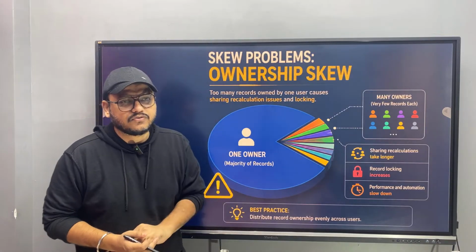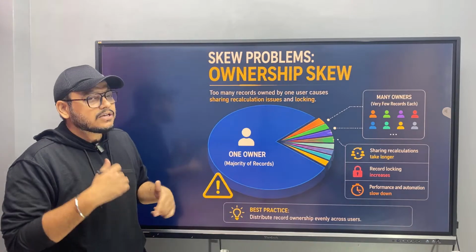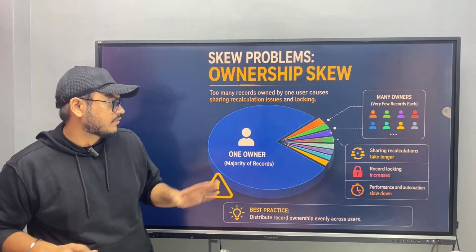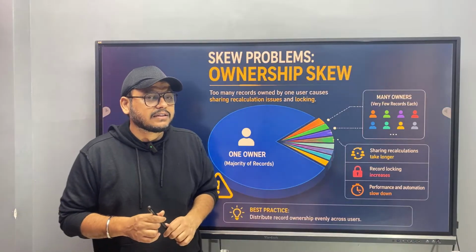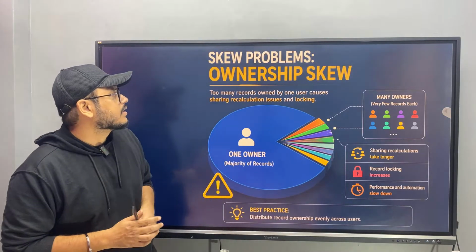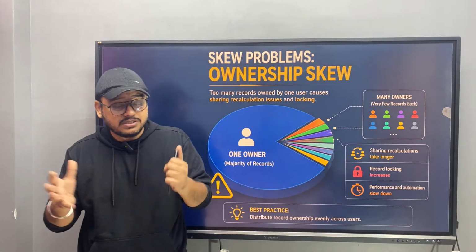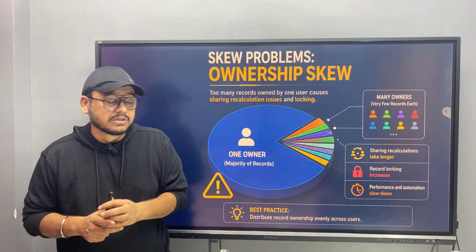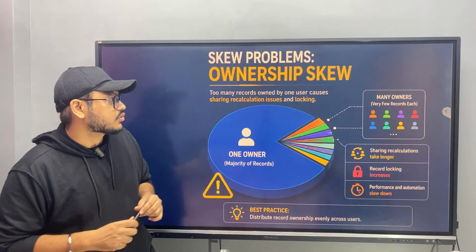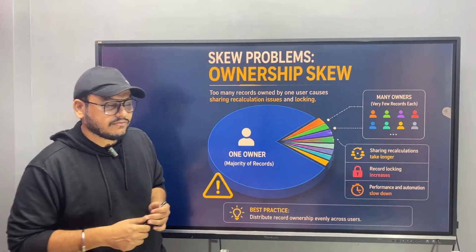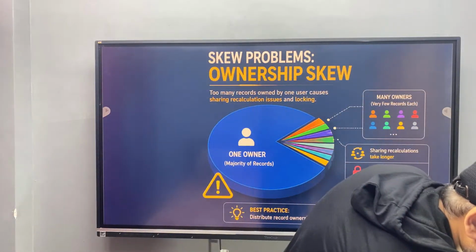So that is where the problem comes in. So there has to be a mechanism to distribute the data. If you keep the data like this, then certainly you are going to come across this ownership skew. Again, if you just have 50,000, 100,000 records, it may not be that much of an issue. But at large volumes, it will certainly start becoming a big issue.